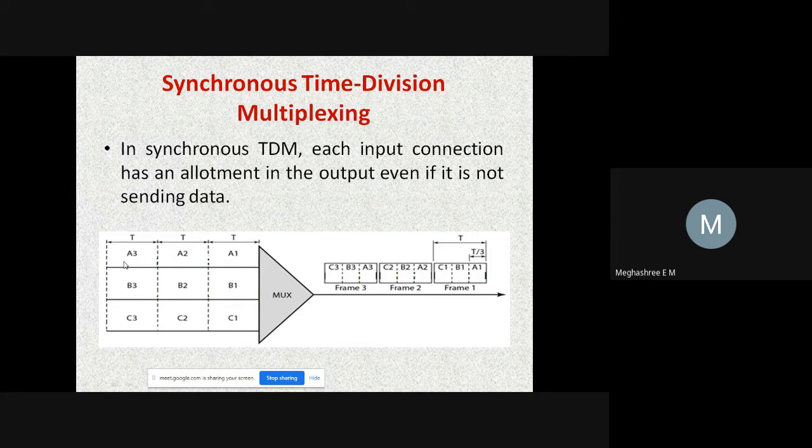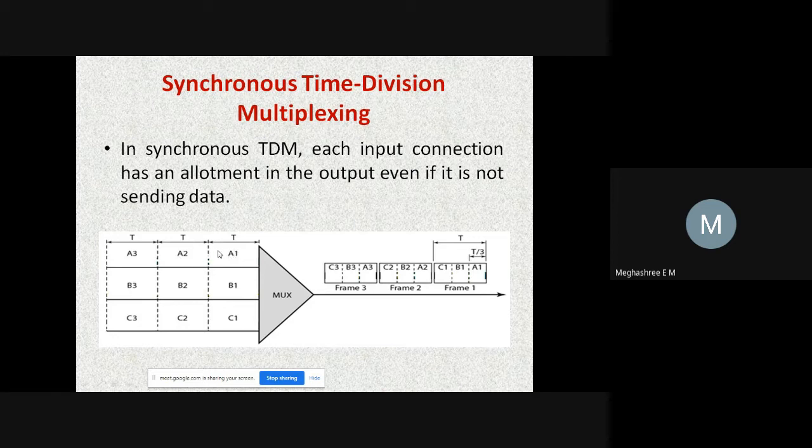Whatever data you want to transfer over the transmission link is divided into units. If I consider this the first input connection, the data to be passed from it is divided into units.